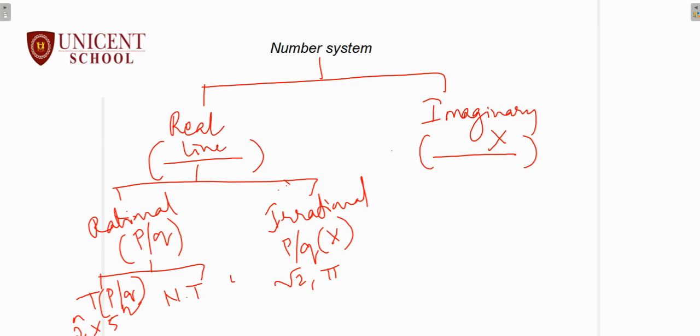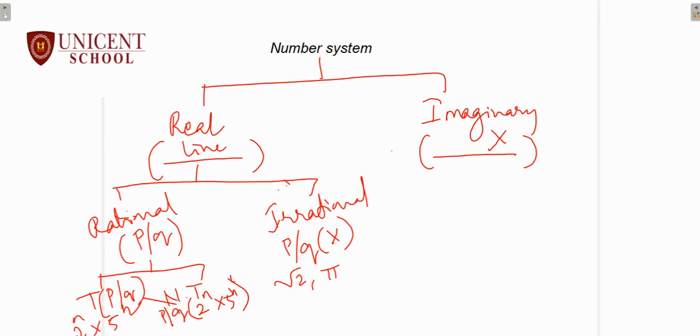Whereas non-terminating recurring decimals can be written in the form of p by q, where q is not in the form of 2 power n into 5 power n. That means the denominator cannot be expressed in the form of 2 power n into 5 power n.